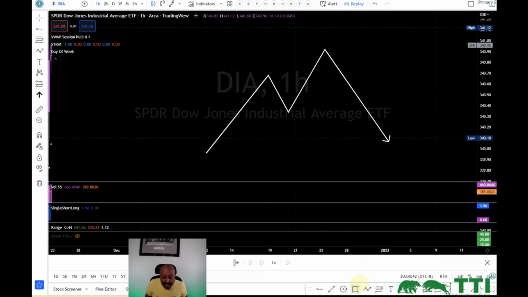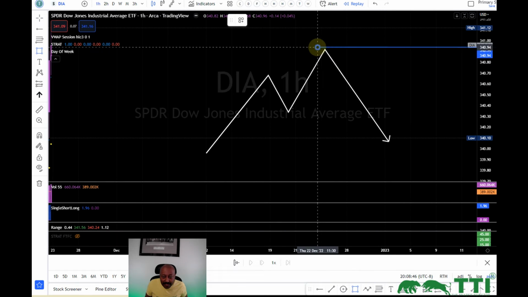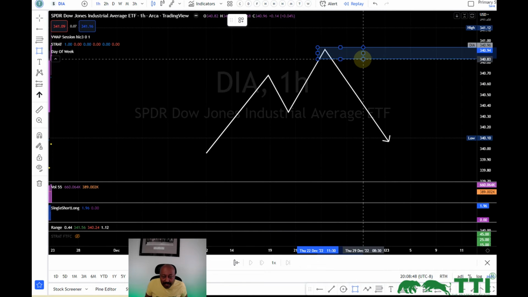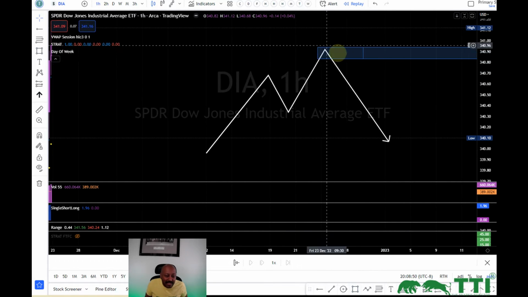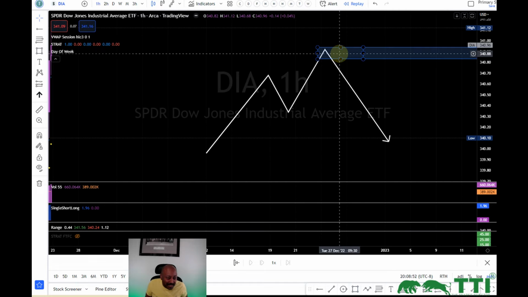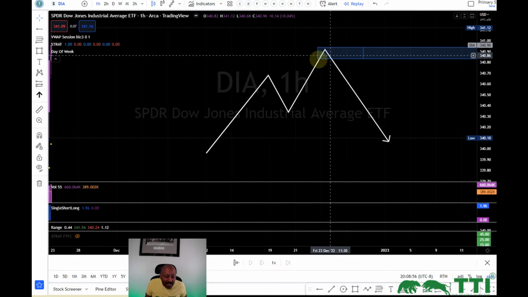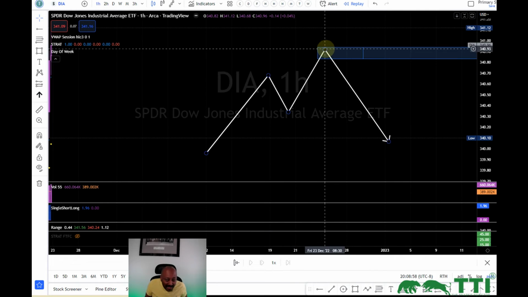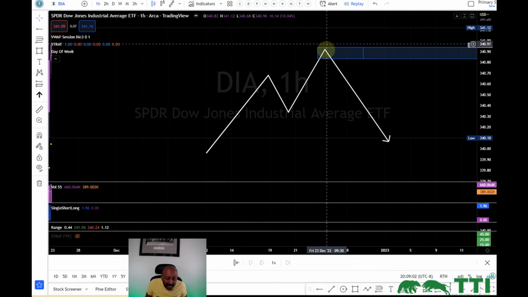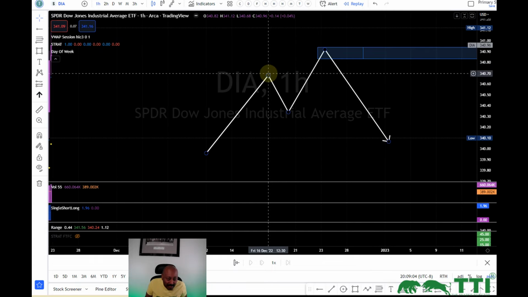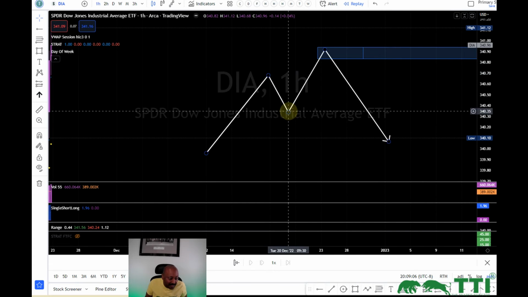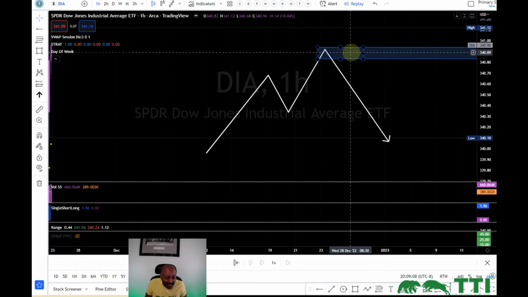When I say railroad tracks, if it's inside a consolidation, I don't consider it a railroad track. I want the railroad tracks to pick out and be the only two bars that I see at this peak here, or at this valley here. I don't want it to be inside that consolidation.